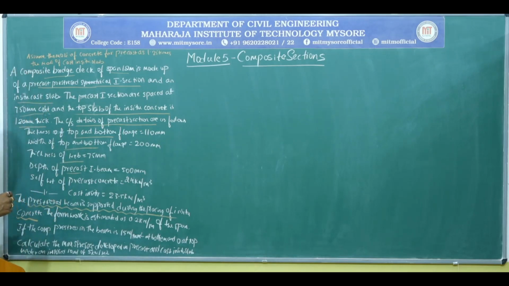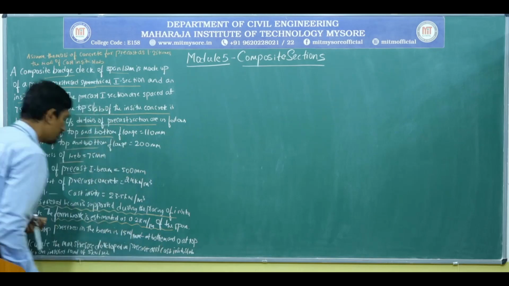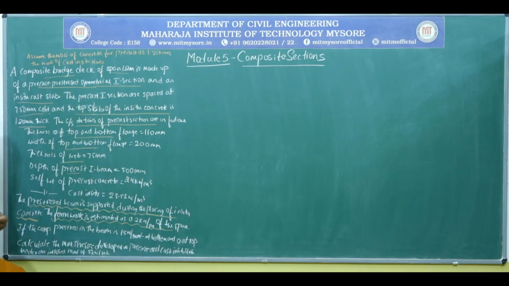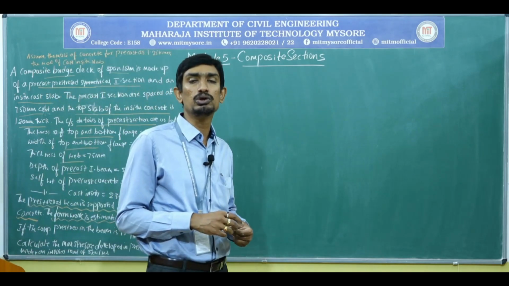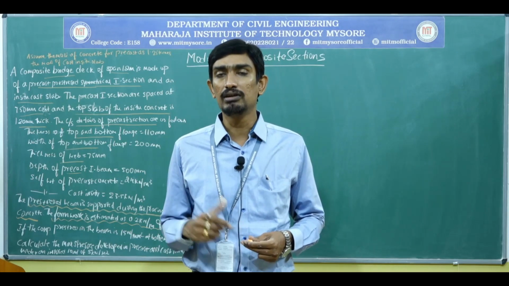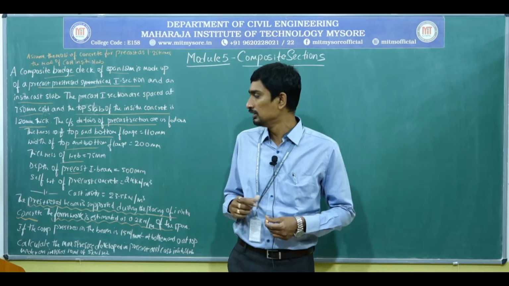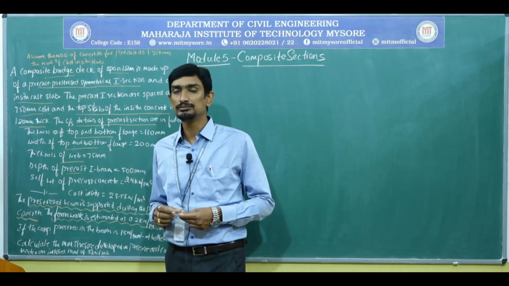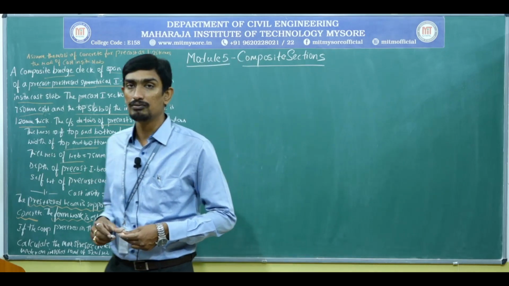The next thing is that in this problem, they have also given the formwork load, which I need to consider. The formwork is estimated to induce a load of 0.2 kilonewton per meter of the span.